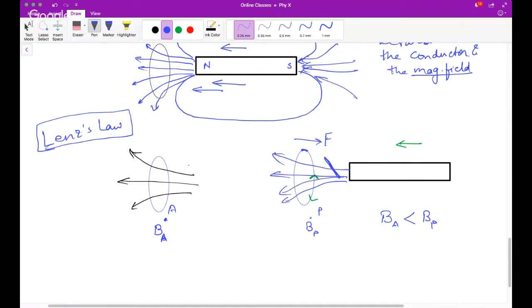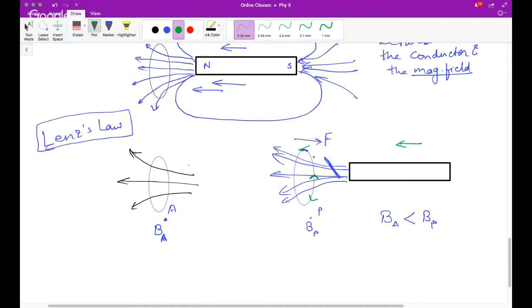Okay. Now this inducing magnetic field, by Lenz's law, will be opposed by a magnetic field produced by this ring. As the relative motion between the conductor and the magnet takes place, more and more of the inducing field crosses the ring.